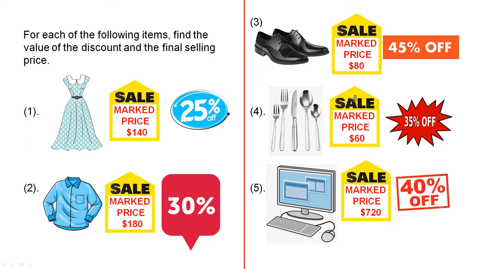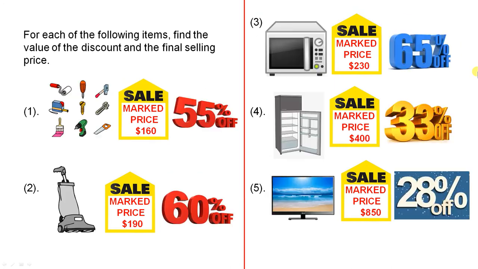So it's exactly the same with each and every one of these examples. You need to find the percentage of the marked price in each case. That gives you the discount, and then take the marked price, subtract the discount, and that will give you the selling price.